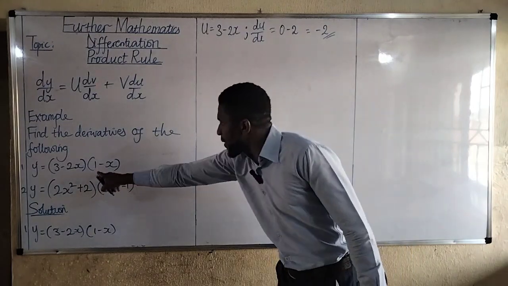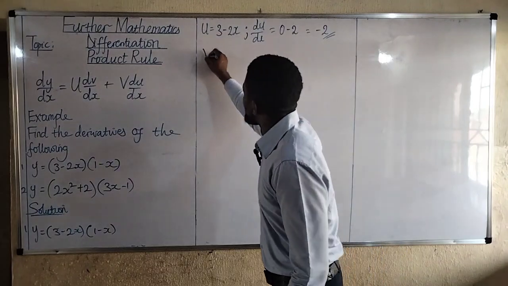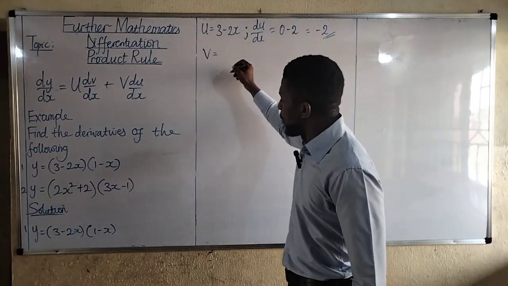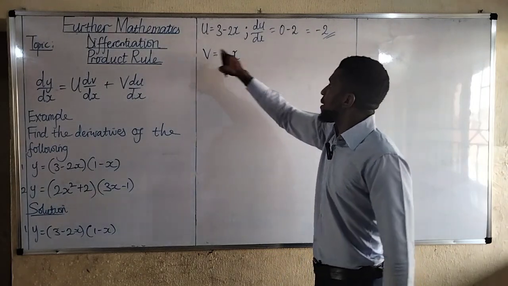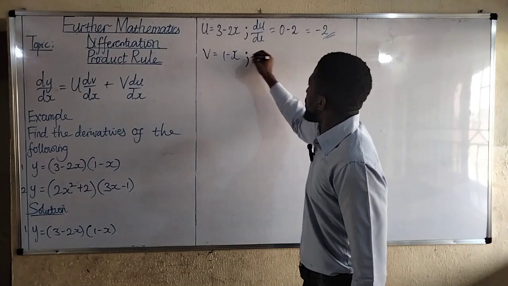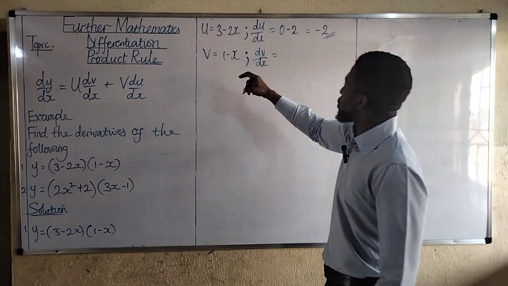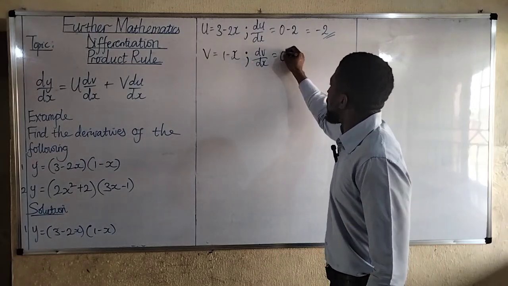Then what we have in the second bracket, we target v. Then our v is equal to 1 minus x. Let us differentiate v with respect to x. We have dv over dx. So if we differentiate 1, a constant, it becomes 0.